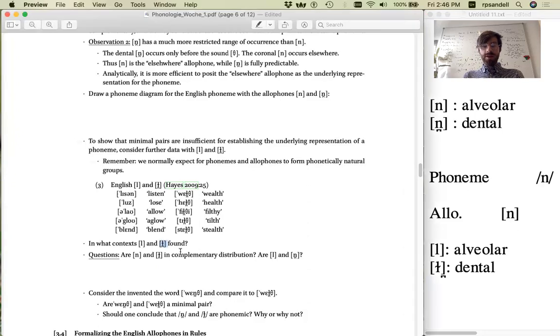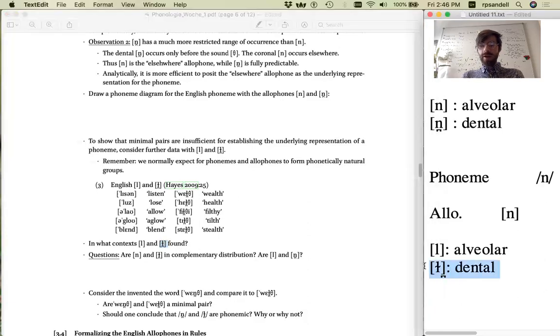But what we can notice is that each of the dental sounds would be in complementary distribution with each of the respective alveolar sounds.